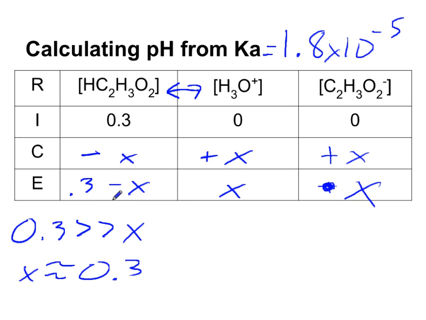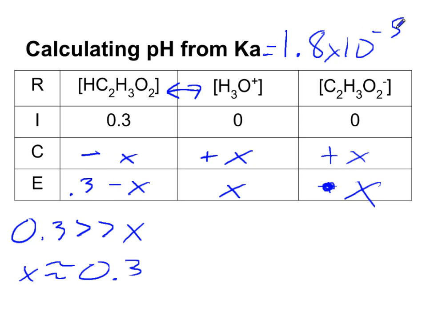We can only use the weak acid assumption when Ka has an exponent that's to the negative third or lower, so negative third or more negative than that. If it's a relatively high Ka, like an exponent of only 10 to the negative second, we can't use the weak acid assumption because there would be enough of a change that it would affect our equilibrium concentration.